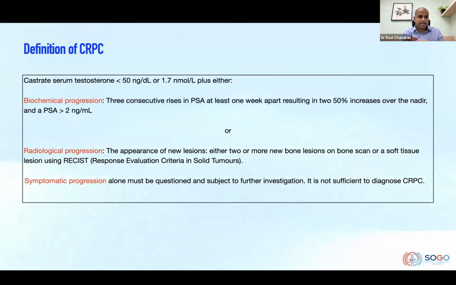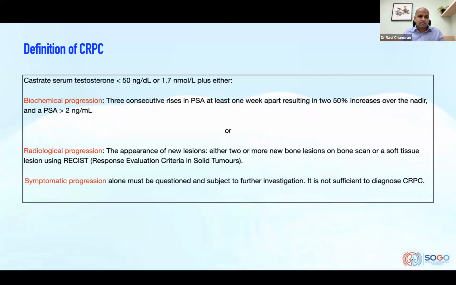Along with that, there has to be either a biochemical progression or a radiological progression. What defines a biochemical progression? There have to be 3 consecutive rises in PSA at least 1 week apart, resulting in a 50% increase over the nadir, and PSA has to be more than 2 nanogram per ml.